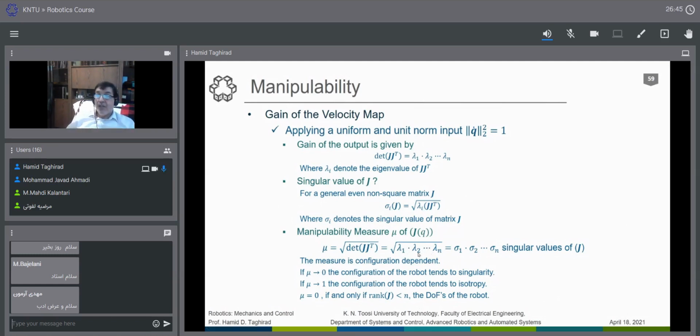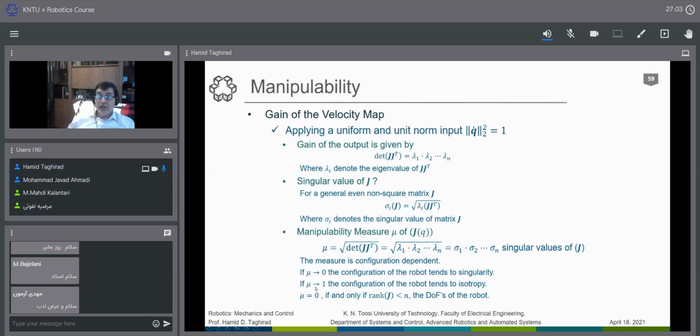And if mu tends to 1, we are getting to the isotropy case, where all the lambdas or the sigmas are equal to 1. So we have these two extreme cases, and this is a singular one.